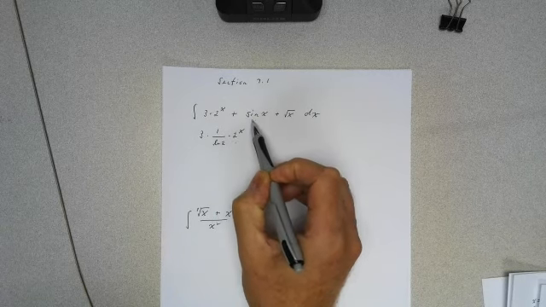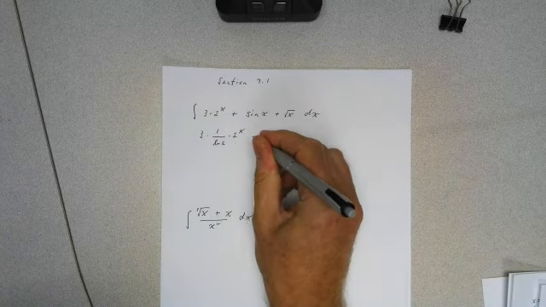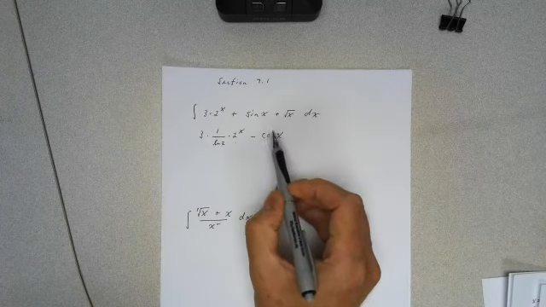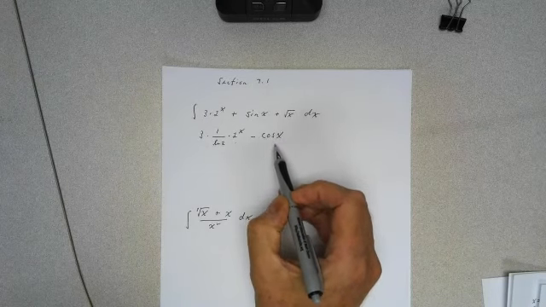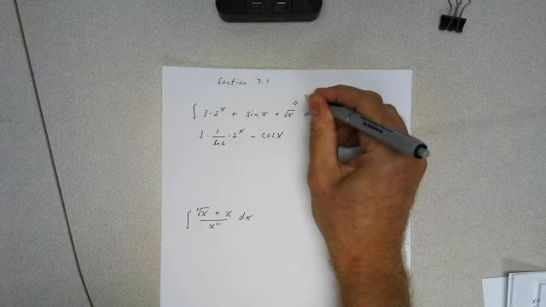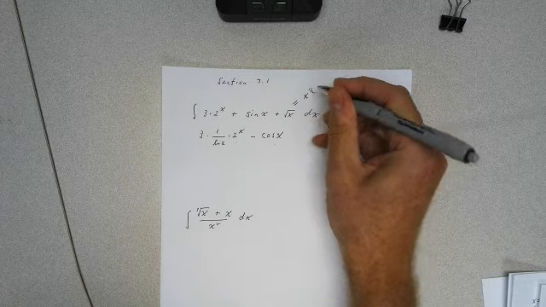The only way I know that is because I remember the antiderivative of 2 to the x from the list. The antiderivative of sine of x is minus cosine of x, not just cosine of x, because that would be the derivative. We want to make sure we compute the antiderivative. And then x to the square root of x can be converted to a power, x to the 1/2.